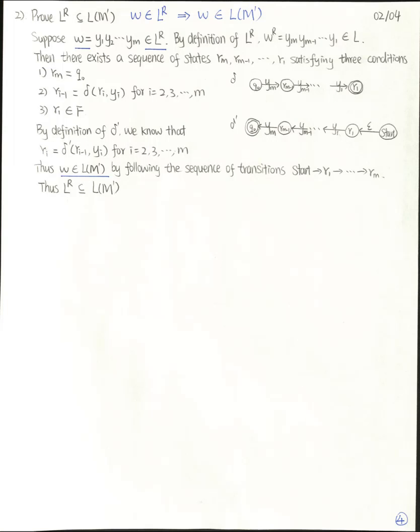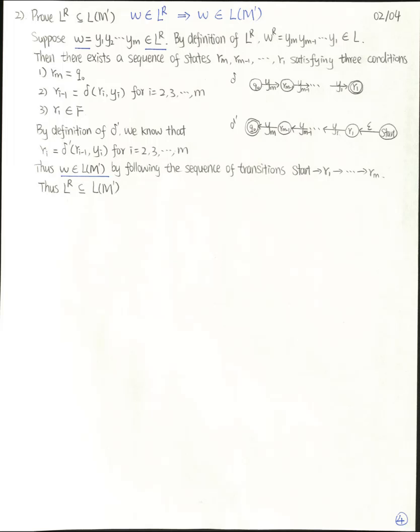Now let's consider the other direction. LR is a subset of LM prime. What we need to do is prove that for any string in this LR, this string is also in LM prime. So we start with the premise again. Assume this W, Y1, Y2, Ym is in LR.